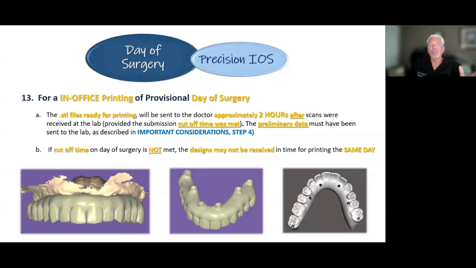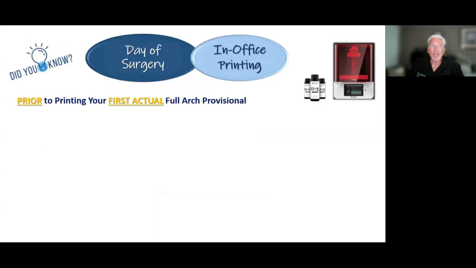If the lab says, for us to get it to you, doctor, we need it by 1 p.m. within the time zone we're located, maybe it's 11 a.m. in the time zone they're located. You're dealing with a laboratory in Florida and you're in California. You have a 3 hour time difference. You better have that worked out and dialed in, because you're going to be disappointing some people, yourself included, as well as your patients, when you're not able to do what you promised you were going to deliver for the patient.